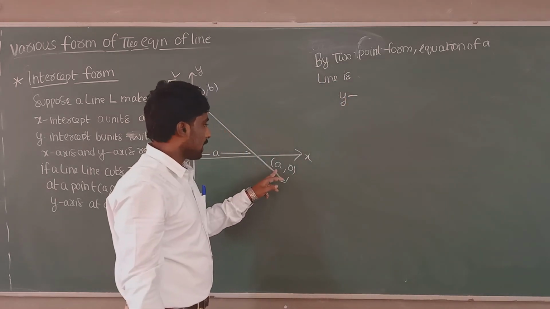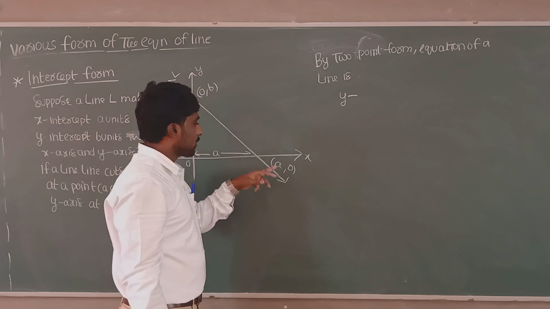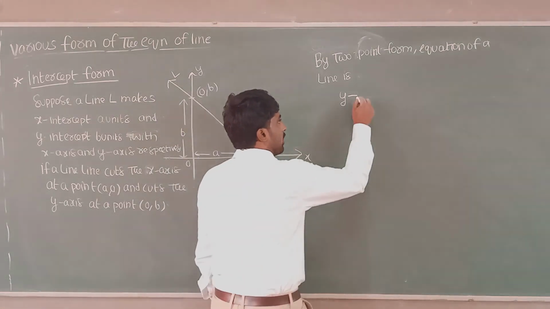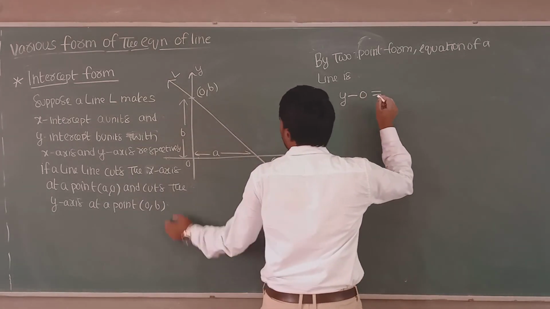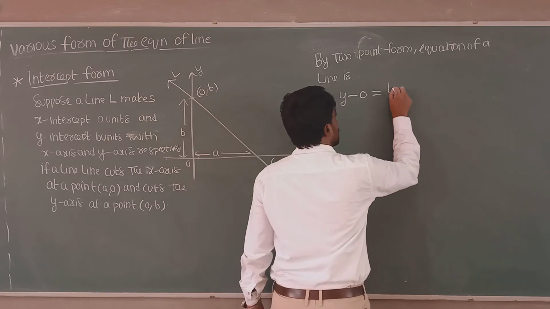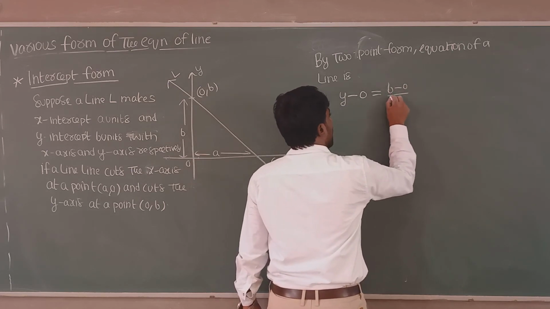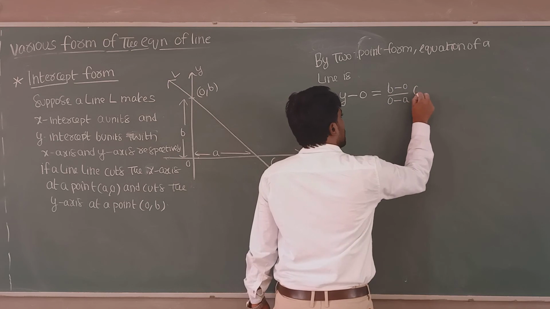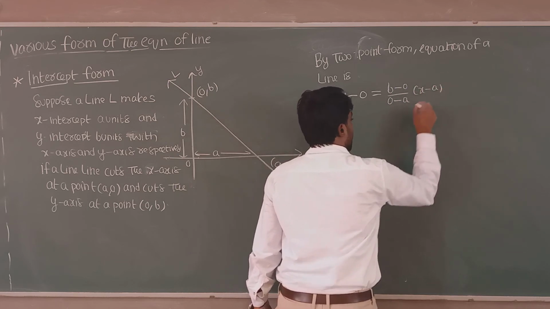So this is x1, y1, this is x2, y2. So y minus y1, y minus 0 equal to (y2 minus y1), so (b minus 0) by (x2 minus x1) into (x minus x1).